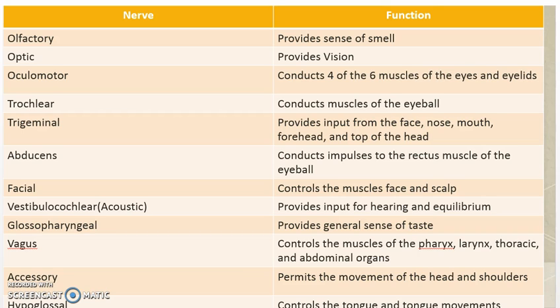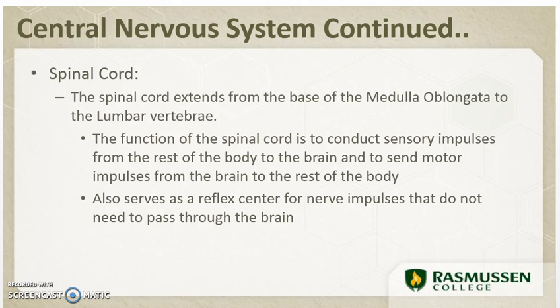You can see that each of these has a different role within the body, and they control different functions in the brain. Your central nervous system also consists of your spinal cord, which extends from the base of the medulla oblongata in the brain all the way to the lumbar vertebrae.